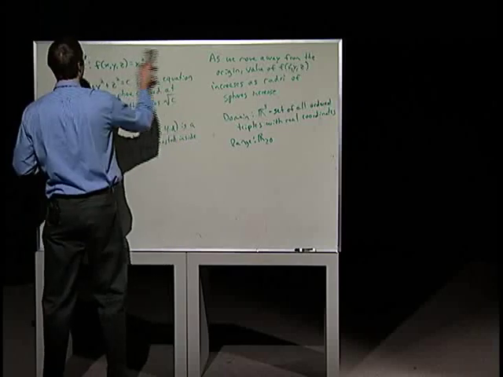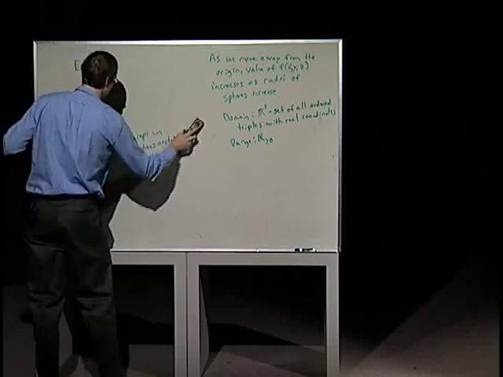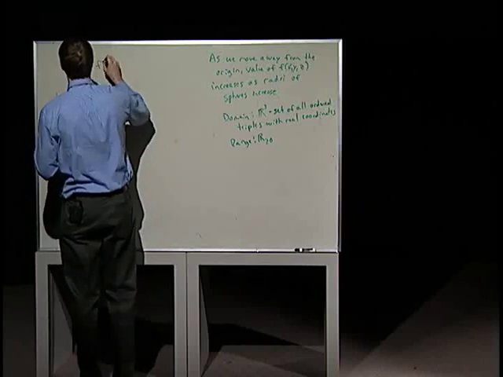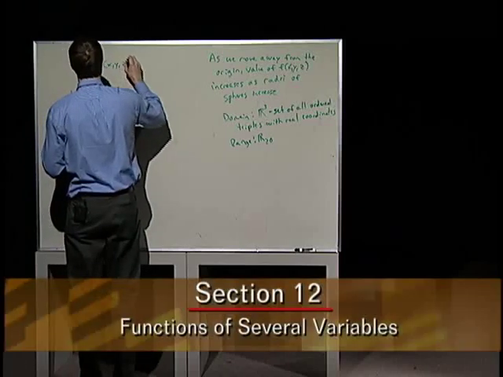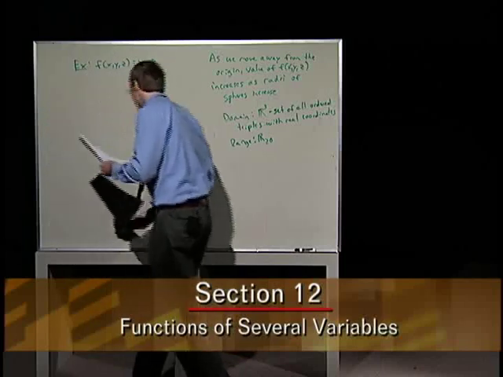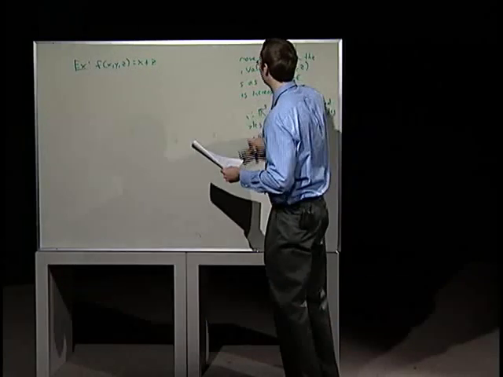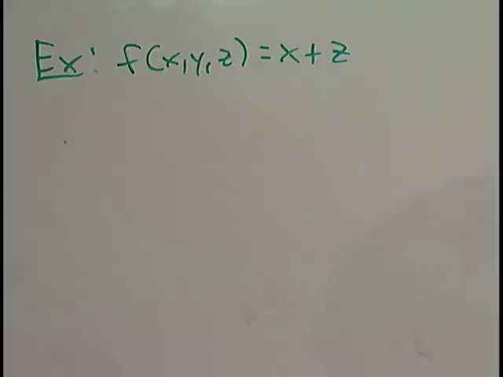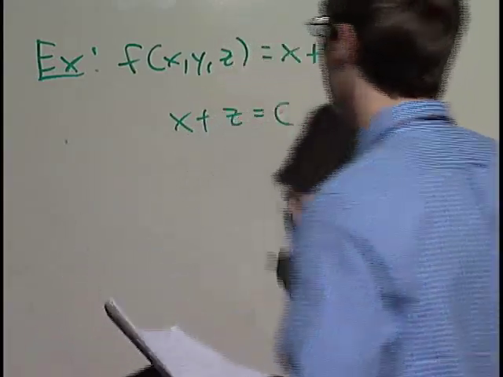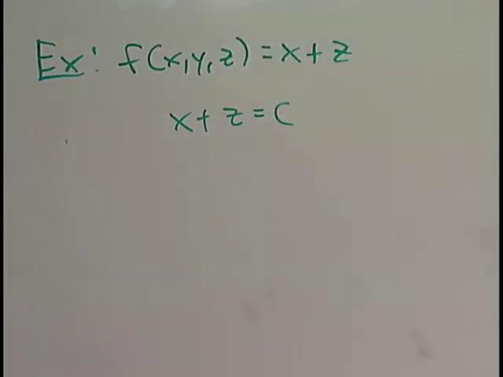Let's change our function to not look like a sphere anymore, but instead let's make it f of x, y, z equals x plus z. Let's ask ourselves, what does a level surface look like here?